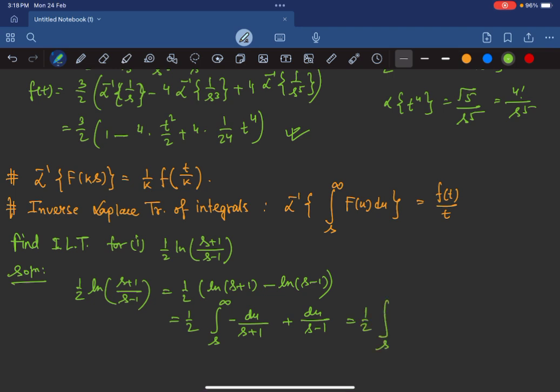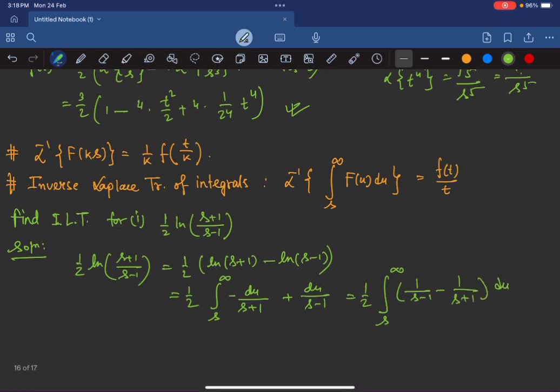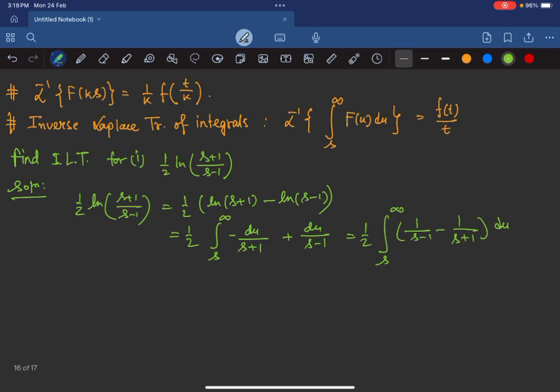So basically what you are getting is half integral from s to infinity of [1/(u-1) - 1/(u+1)] du. Okay, so this is nothing but your F(u) function. More precisely, F(u) equals half [1/(u-1) - 1/(u+1)]. Okay, so now this is your F(u) function.